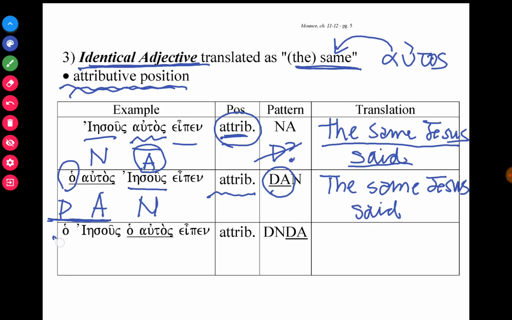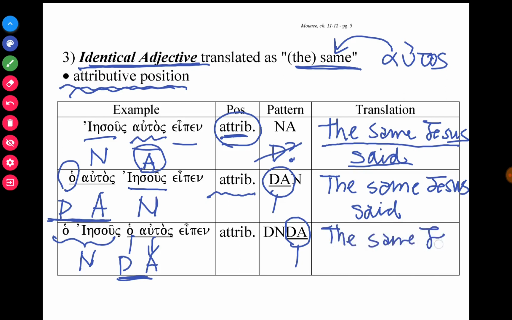So in this case, we just simply have the subject first, the noun. But notice again, the definite article is adjacent to the pronoun in the adjectival position. This is a DA pattern, where the article is being used. And therefore, we would translate this also as the same Jesus said.